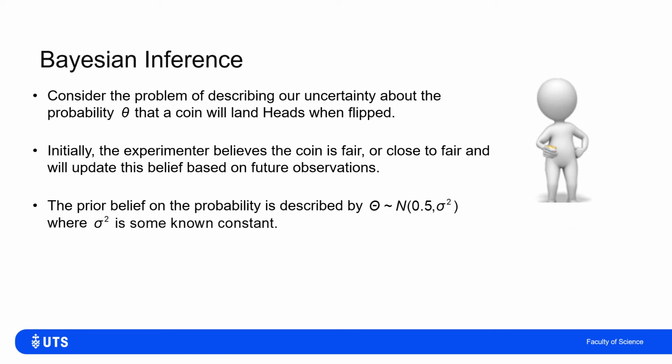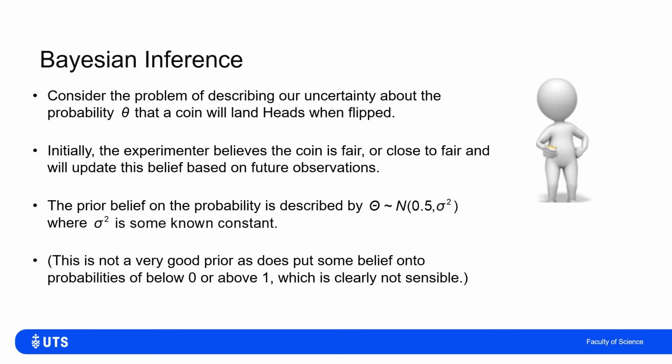I'm going to start initially just with a normal distribution centered on 0.5, where I've set sigma squared to be some known constant as the variance. Now, in fact, this is not a very good prior, because whilst it describes my general belief that the coin's about 50-50, technically speaking, the range of a normal variable is minus infinity to infinity.